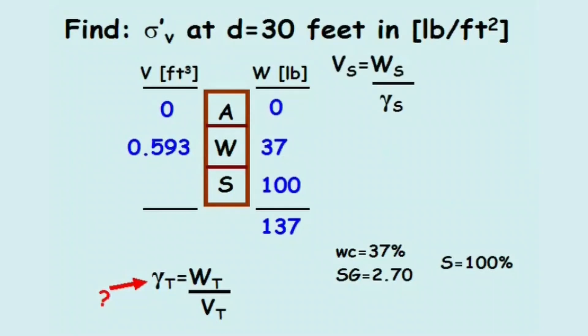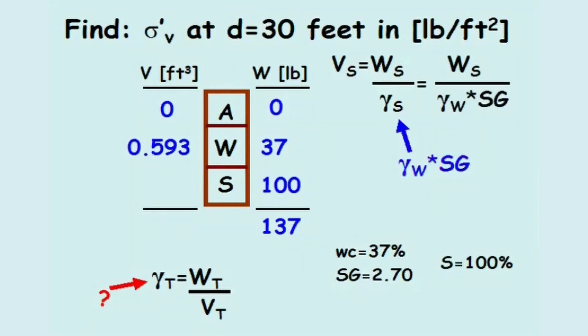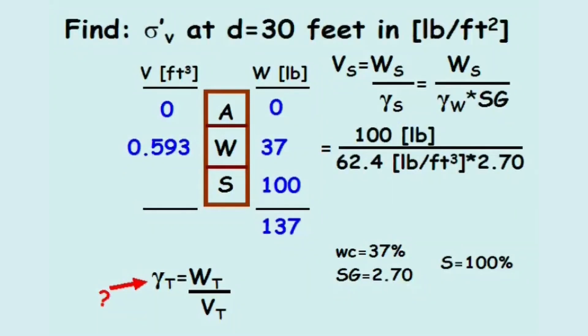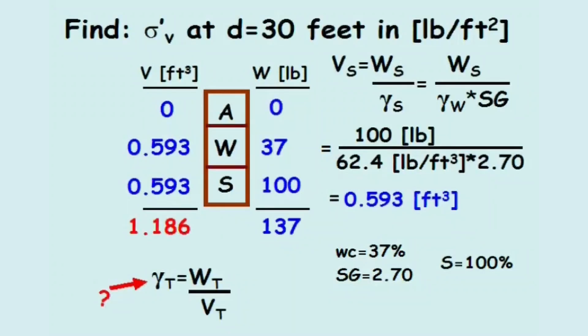The volume of solid is equal to the weight of solid divided by the unit weight of solid, where the unit weight of solid is equal to the unit weight of water times the specific gravity. In this case, 100 pounds divided by the quantity 62.4 pounds per cubic feet times 2.7, which gives us 0.593 cubic feet for the volume of solid, and a total volume of 1.186 cubic feet.